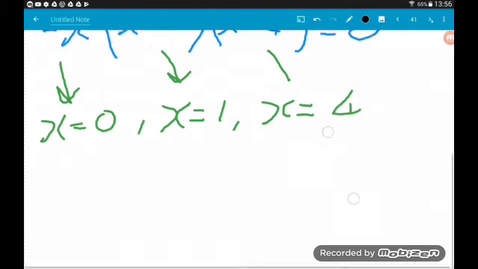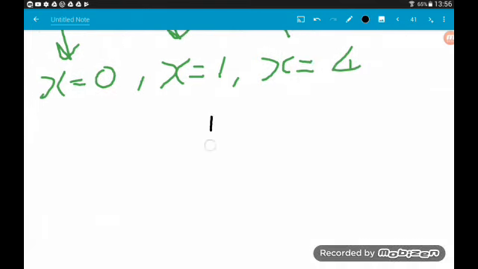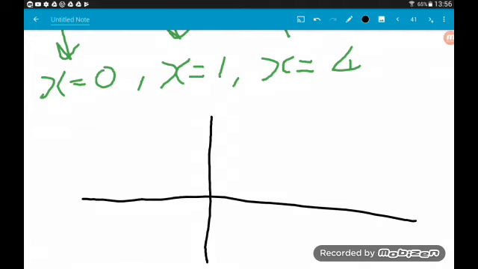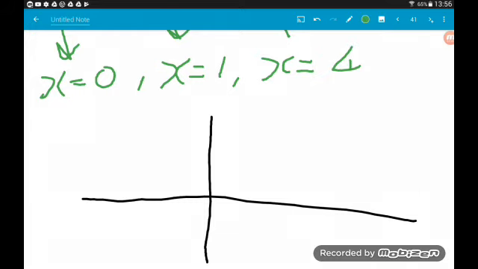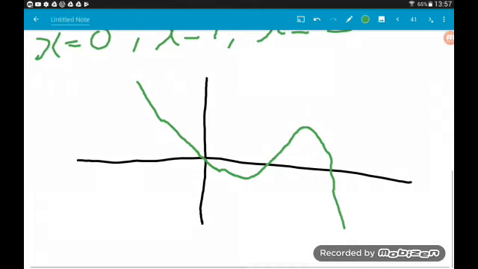So remember, we have a negative x cubed term this time, so our graph starts up in the top left. So it's going to go something like, well, it goes to x equals 0, let's try not to miss it, good times, then it's going to go up through x equals 1, then it's going to go back down through x equals 4.